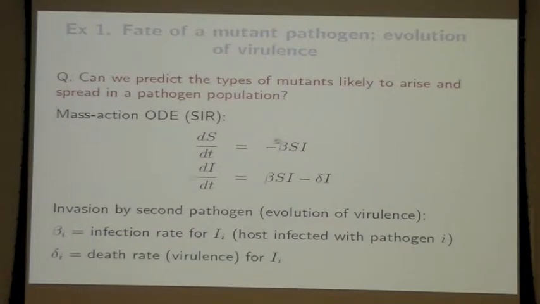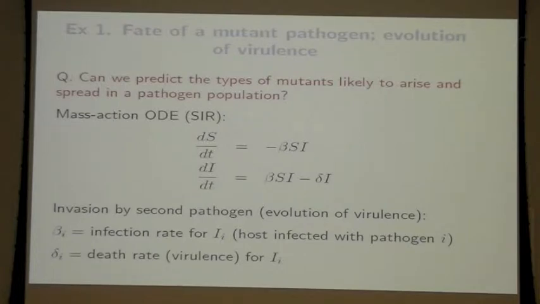We have an infection rate beta, so we only lose susceptibles in this model due to infection. There's this mass action interaction term, which is just given by the product of 2 global densities. And then the infectious population grows through infection, and infectious individuals are lost through death.